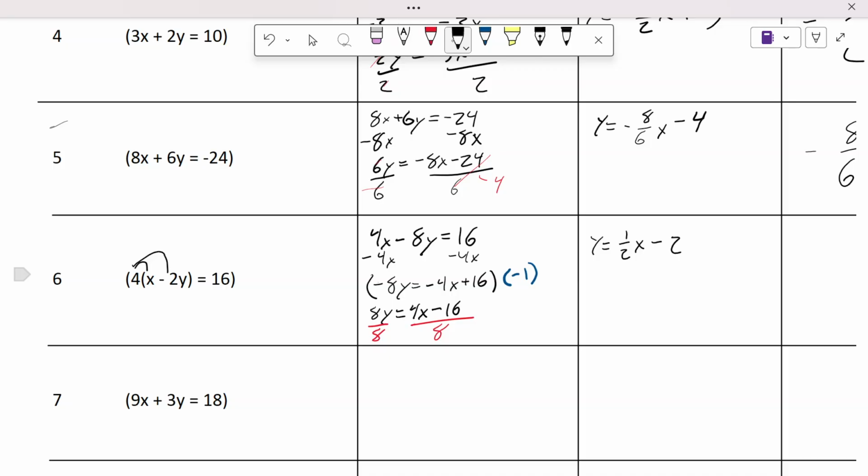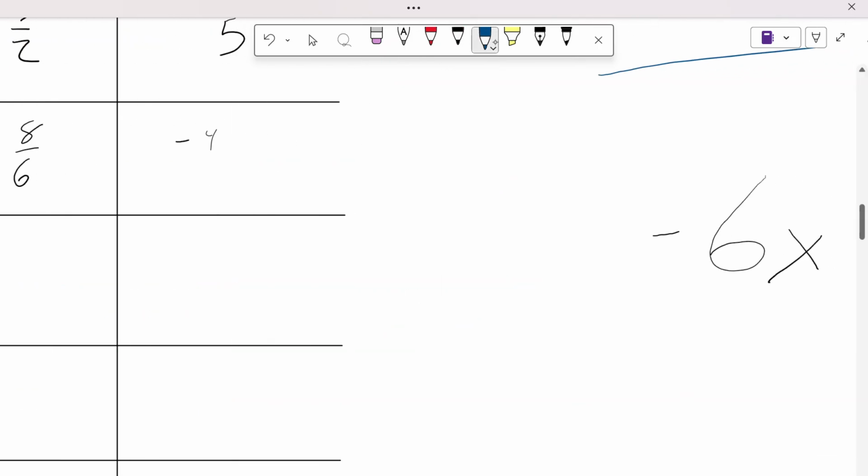And then from there we divide by 8 to isolate the y, and we get y equals 1/2 x. Now the reason we got 1/2 x is we have 4x being divided by 8, which is 4/8, the same thing as 2/4, which is the same thing as 1/2.